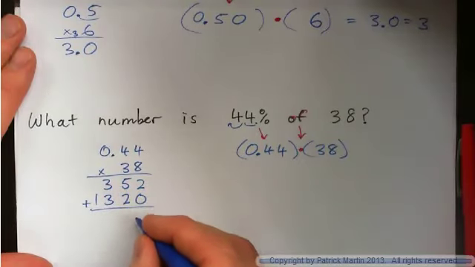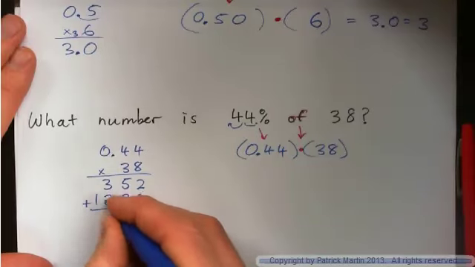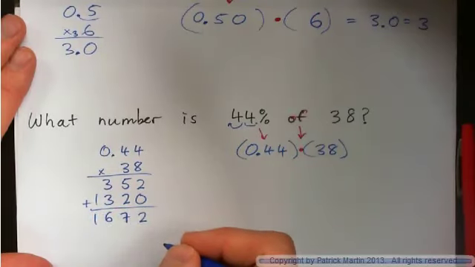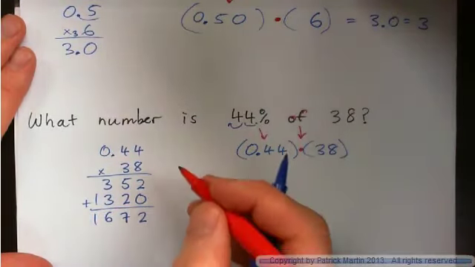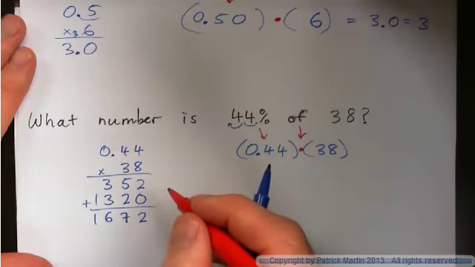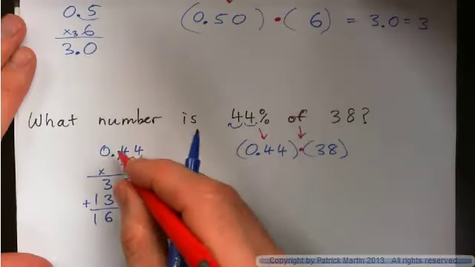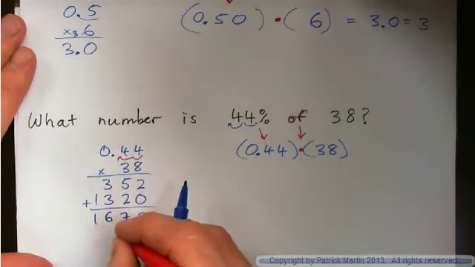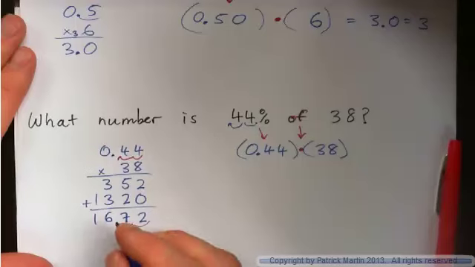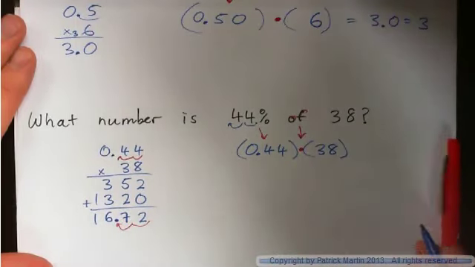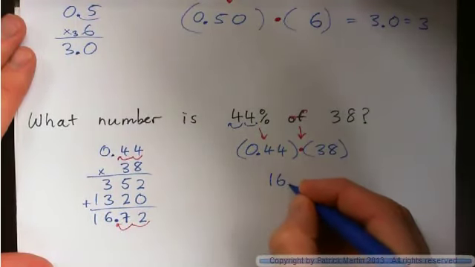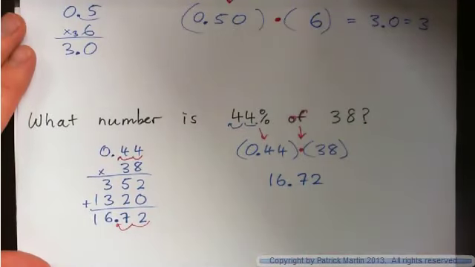Add these: 2, 7, 6, 1. And there are 2 decimal places in the problem, so there's going to be 2 decimal places in the answer. So 16.72 is the answer. 16.72. Okay.